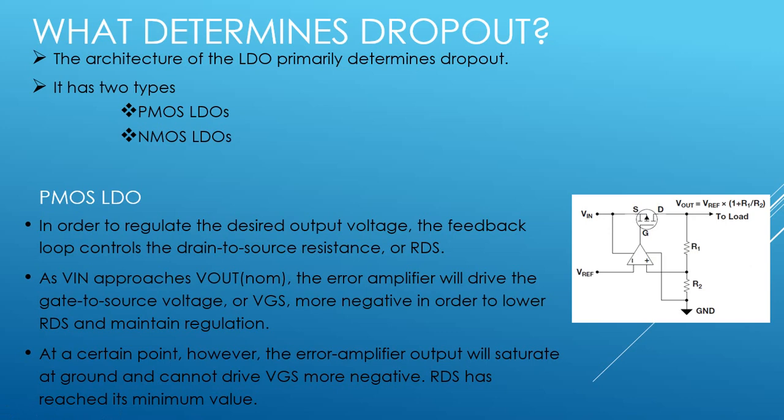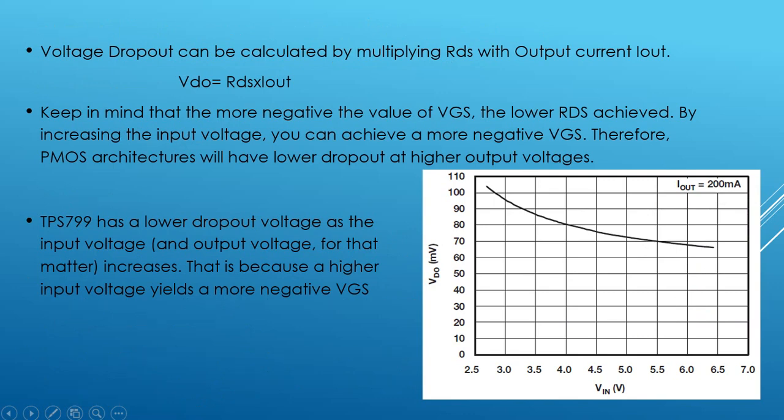The dropout is the output current multiplied by RDS(on). We have to minimize it, otherwise heat dissipation will increase.